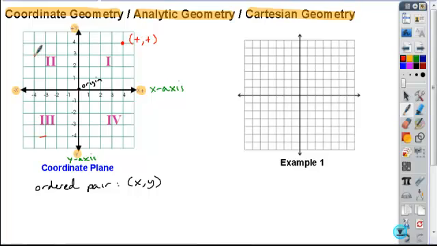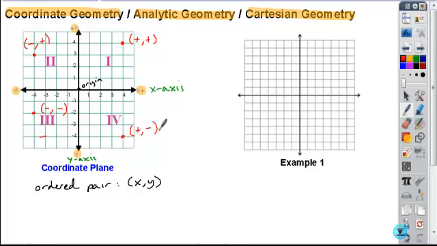What if you have a point in quadrant 2? The x-coordinate is negative and the y-coordinate is positive. In quadrant 3, the x-coordinate is negative and the y is negative. So they're both negative. And then finally in quadrant 4, the x is positive and the y is negative. Okay, so again, it's pretty consistent. There's not a whole lot to that.